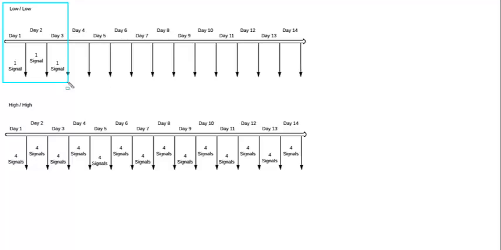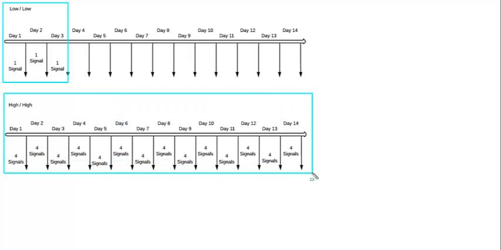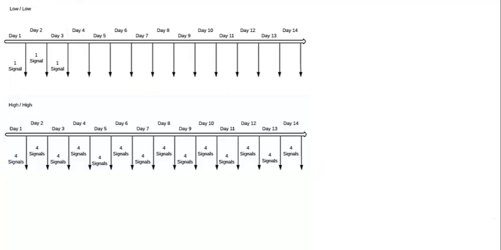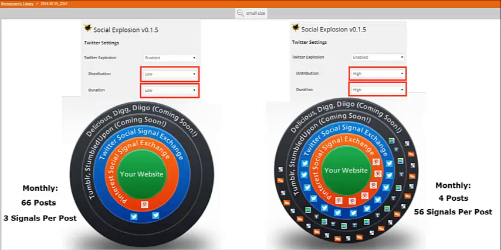Okay, so by contrast, when you look at the high and the high, you've got a maximum of 56 signals per post, which means if you look at that 200 posts per month, you get roughly 4 posts per month, right? And the way that goes is you get 4 signals per day per post for a maximum of 14 days. So 14 days is the maximum duration, and the maximum distribution is 4 signals per day.